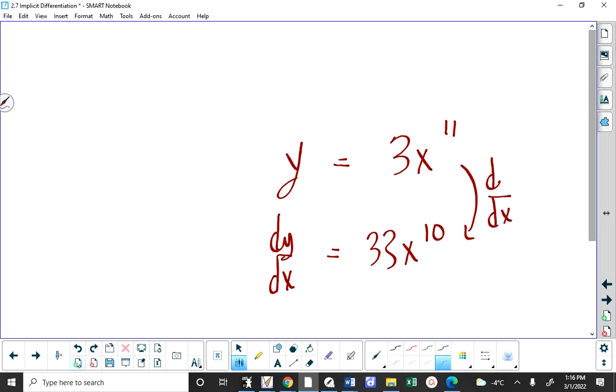We are ddxing the right-hand side of the equation. But if I have the statement p equals 5, and I say I'm going to square the 5, can I get away with writing that? Well, no. If I'm going to square the right-hand side, I have to square the left-hand side.